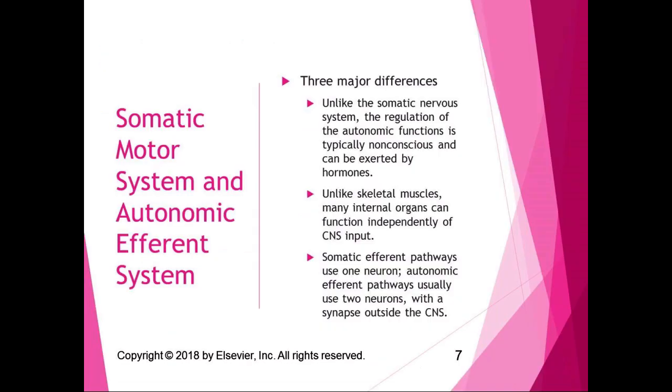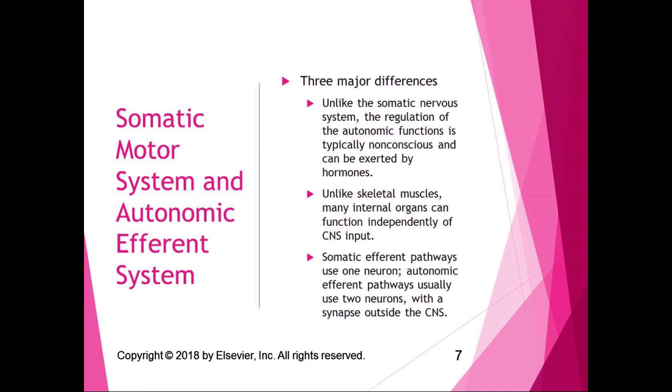There are three major differences between the somatic motor system and the autonomic efferent system. So when we looked initially last week or a couple weeks ago at where we're headed in the cerebral cortex, we have our sensory system, our processing system in the cerebral cortex pretty much, and then our motor system.